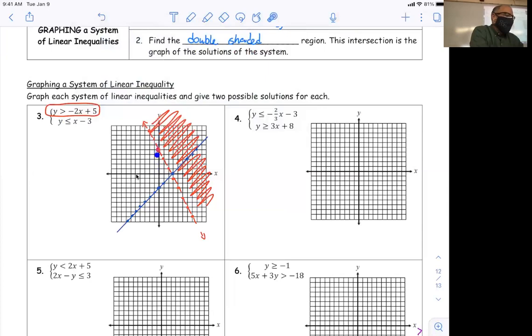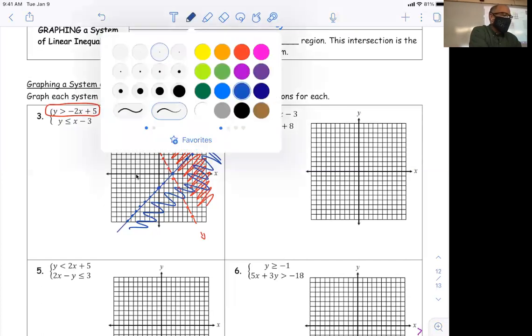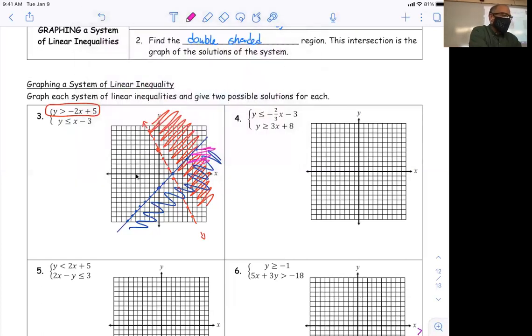So here's the y-axis above the line, here's the y-axis below the line, and I'm going to then shade the area below the line. Now here's the additional step: I need to identify the region that is the solution to both linear inequalities. So what region is both? Well, that would be the overlapping region. That would be right in here, this pink region.